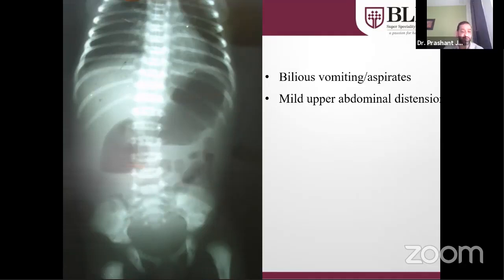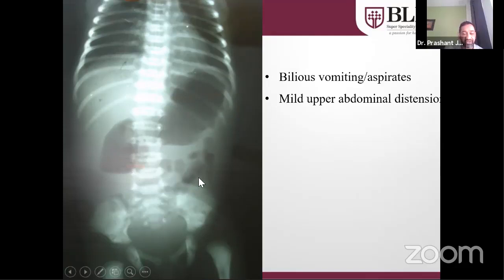Such a picture with a double bubble sign and paucity of gas distally could be mainly because of two reasons. Either this is a malrotation of the gut with the presence of Ladd's band, or there's a duodenal web with a small perforation which has led the gas to go down distally.